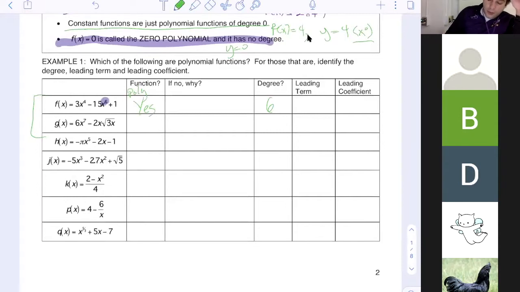The leading term is negative 15x to the 6th, and the leading coefficient is negative 15. But now for g of x, this is not a polynomial function because of the root 3x, because we have a variable under a radical, and that violates the polynomial function definition.